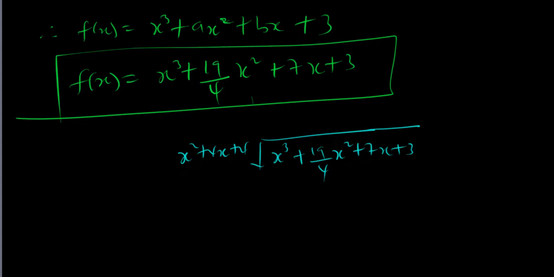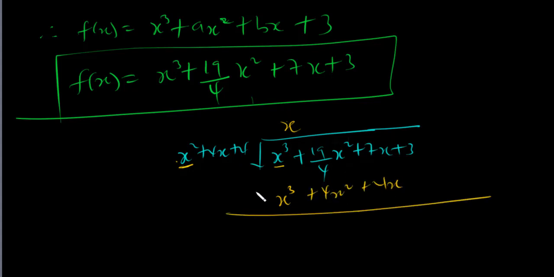When the linear factor multiplies the quadratic, I get a cubic function. So x squared divides x cubed, I get x. x times x squared, I get x cubed, x times 4x, 4x squared, x times 4, 4x. Let me subtract this from that, gives 0. 19 out of 4 x squared minus 4x squared, what am I going to get?